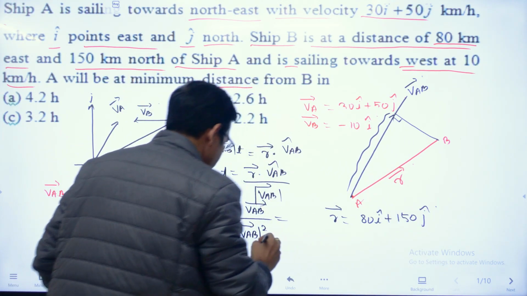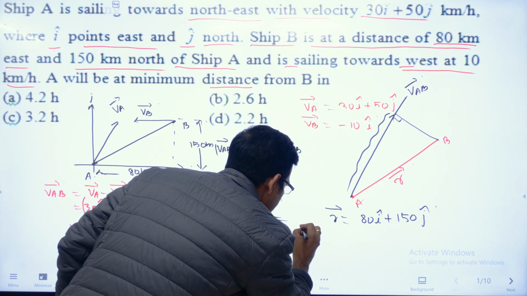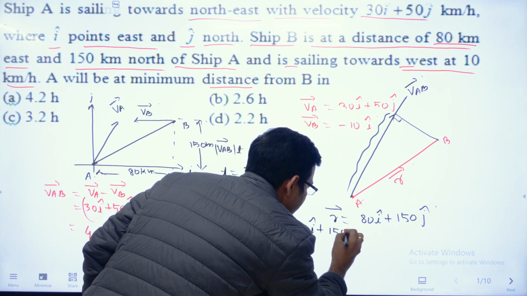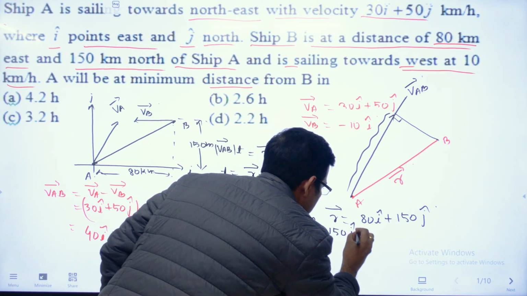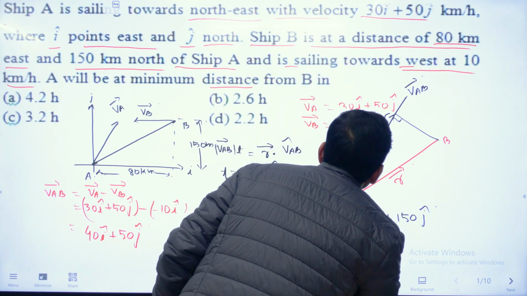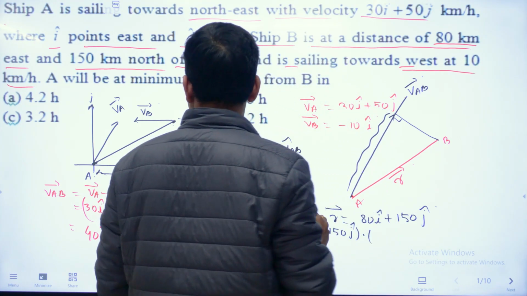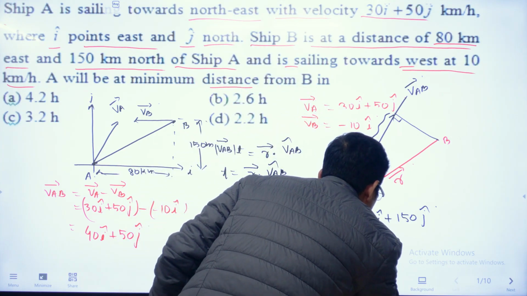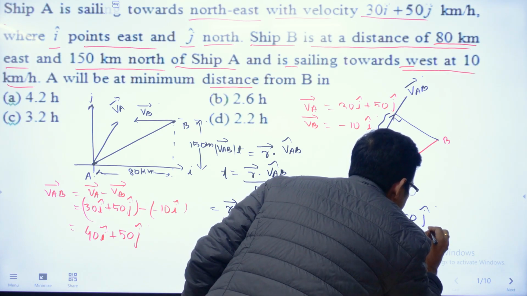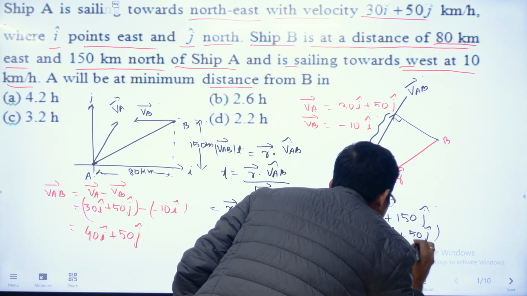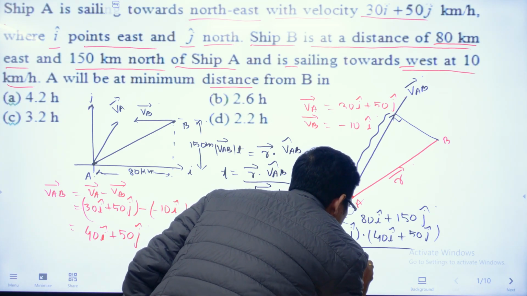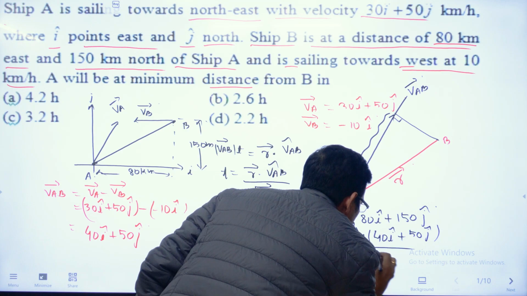Now we will substitute here. This is 80i plus 150j dot V_AB, which is given as 40i plus 50j, divided by V_AB whole squared. V_AB whole squared is equal to 40 squared plus 50 squared.